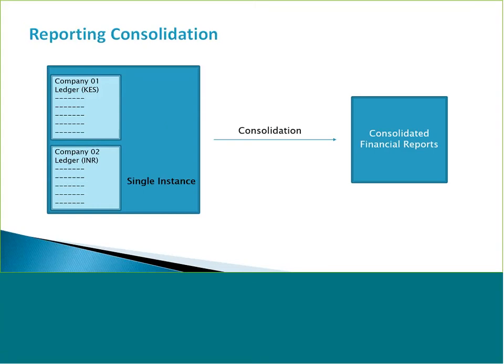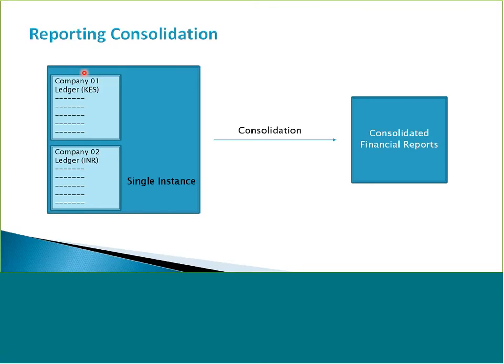Okay, so this is that example. This is another example where you can have consolidation, reporting consolidation on a single instance across two different ledgers, two different companies. So these are two companies, okay, and each has its own ledger, and as you can see, in its own currency, okay, but they exist in a single installation.